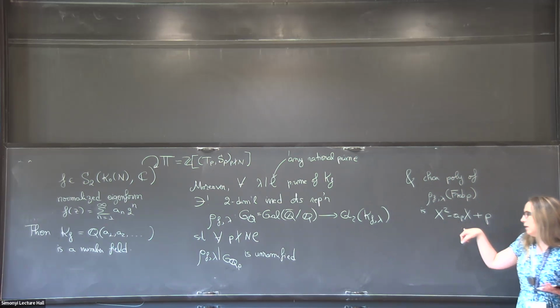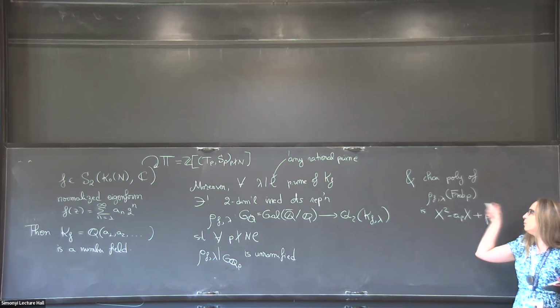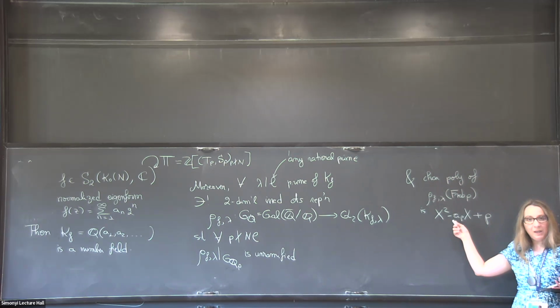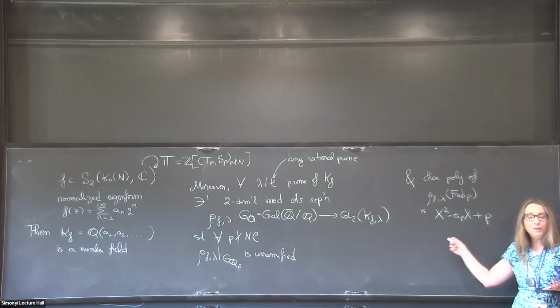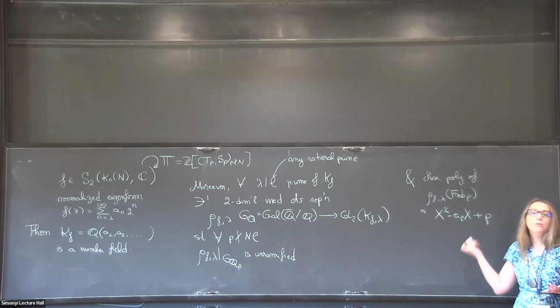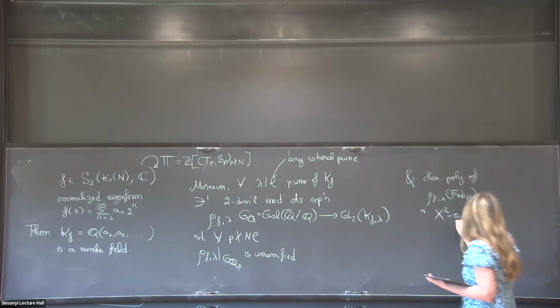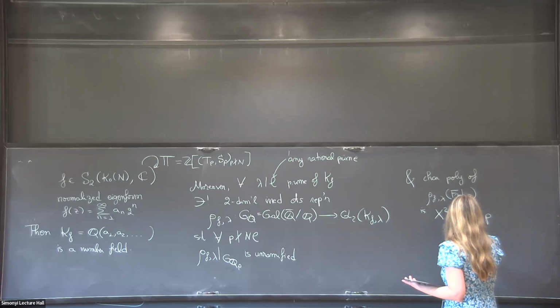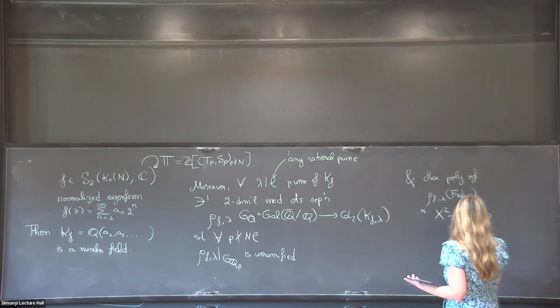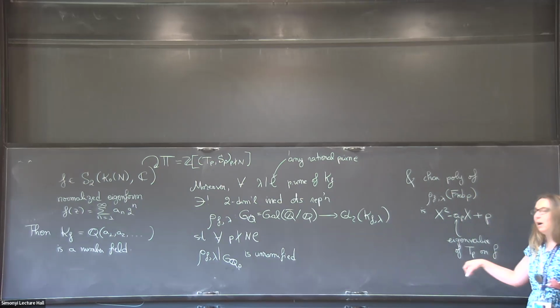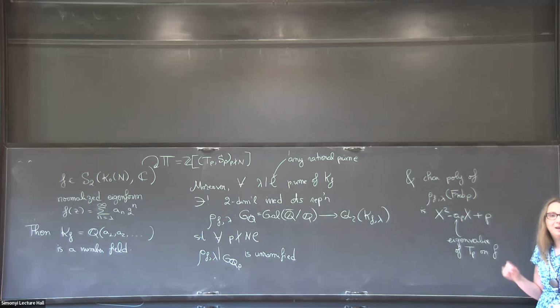The point here is that we recover, as the trace of this matrix, this a_p, which is the p-th Fourier coefficient, and it's also the eigenvalue of the Hecke operator T_p. This f is a simultaneous eigenvector, and the eigenvalue of T_p on it is a_p, and that somehow gets remembered on the Galois side.